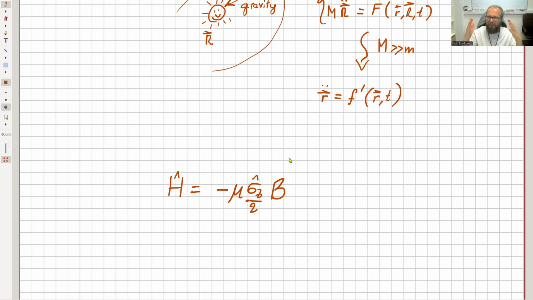Okay, so we want to use our know-how from open system theory to basically figure out where external fields come from in quantum mechanics, because it seems kind of weird because it's not like classical mechanics, right?